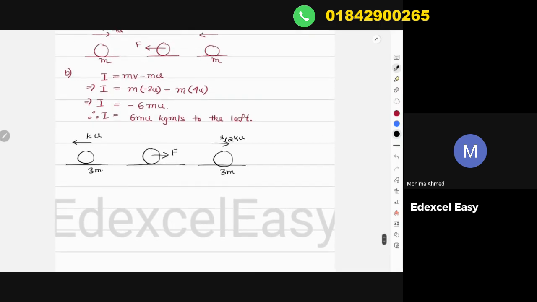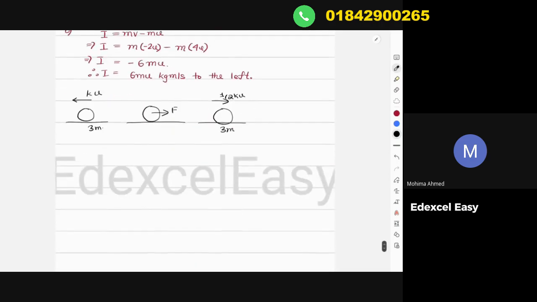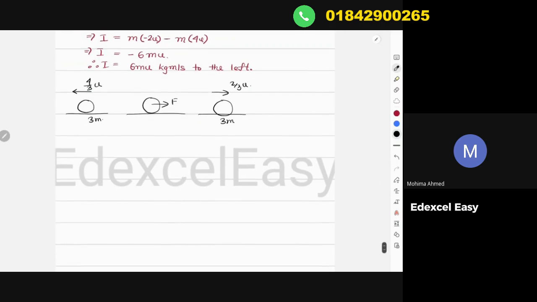Over here, there was another hint that we have to find out the impulse in terms of mu and not in terms of k, right? So I already found out the value for k, which was 4 over 3. So I can just directly write this as 4 over 3. And half of 4 over 3 is what? 2 over 3. Okay. Now, if I want to calculate the impulse, again, this is positive and this is negative. So it will be mv minus mu.